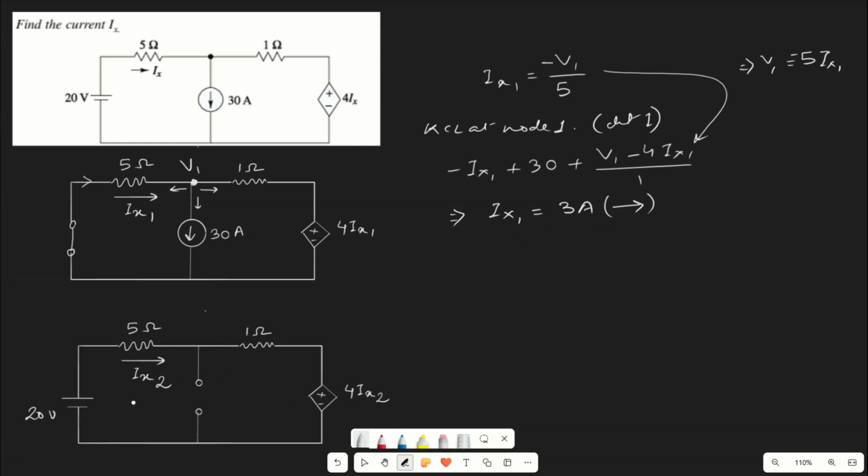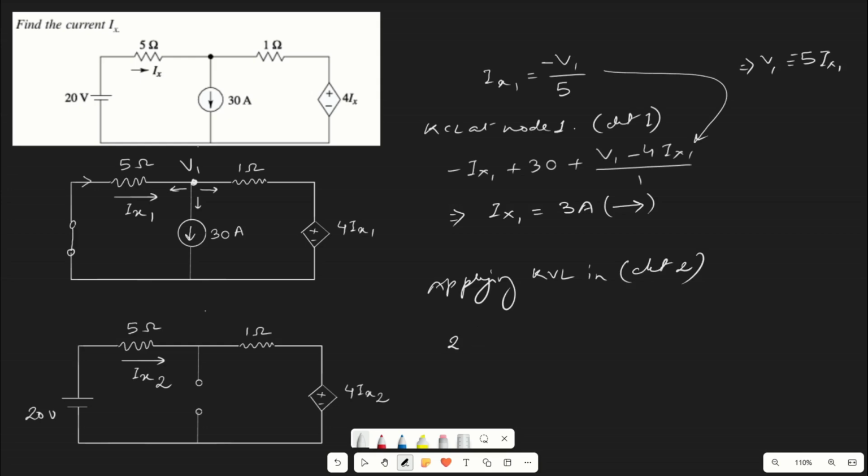In the next circuit, let us see. As you can see, this is a simple closed loop, and in this we can apply mesh analysis. It means applying KVL in circuit 2.